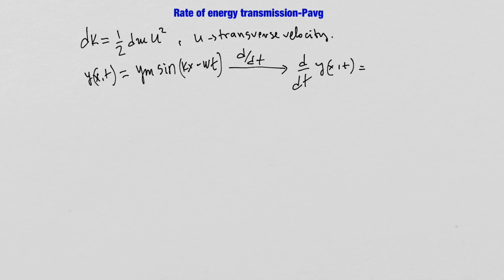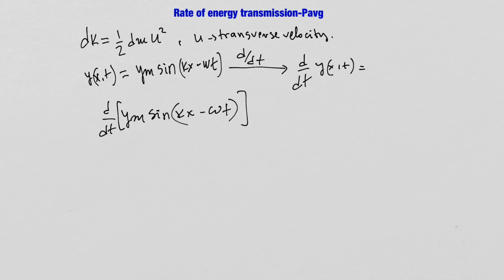So executing a time derivative of y of x and t, I get d/dt of y of x and t is equal to d/dt of ym sine of kx minus omega t.